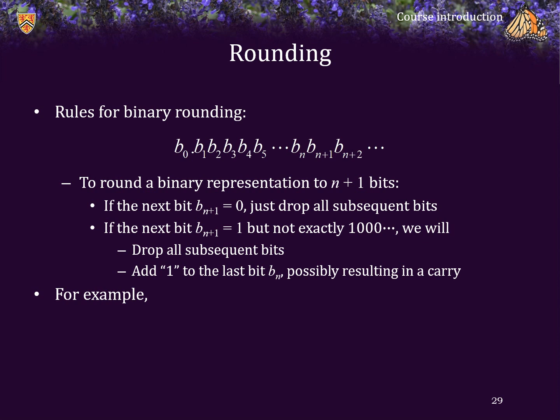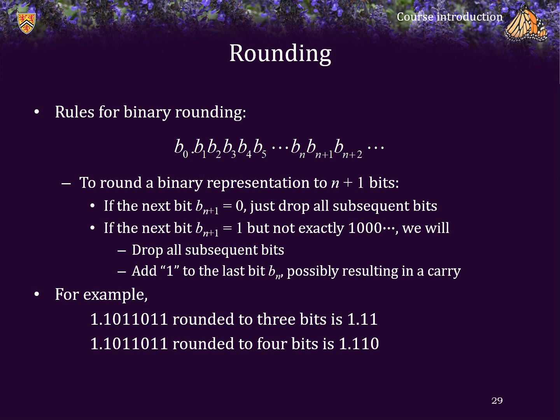So, for example, to round this number to 3 bits, we note that the next bit is 1, and it is not 1 followed by an infinite number of zeros, and therefore we add 1 to the last remaining bit, the third bit, and that produces 1.111.